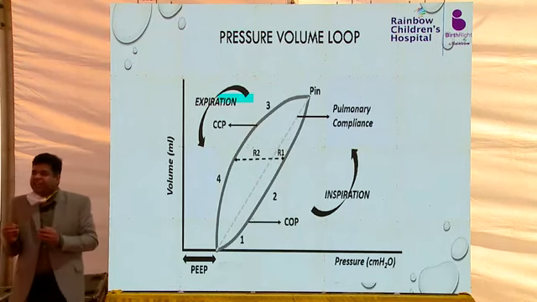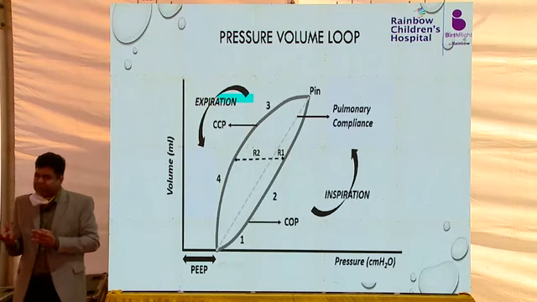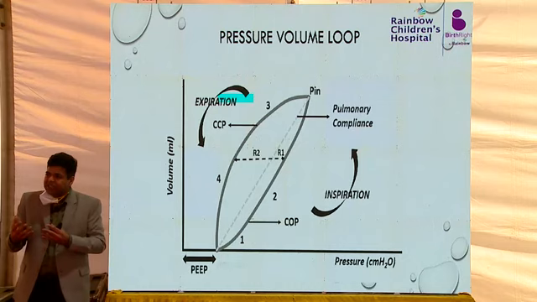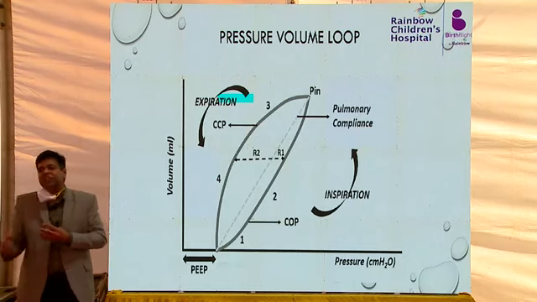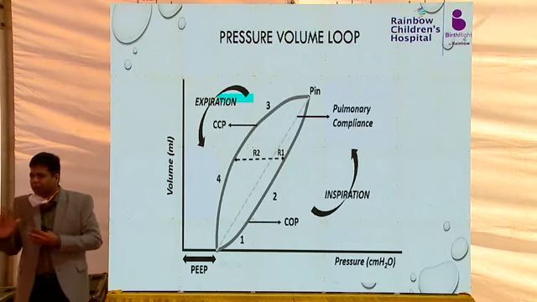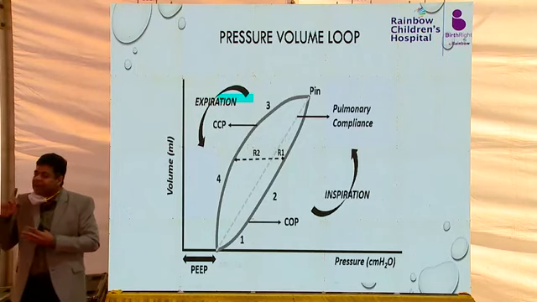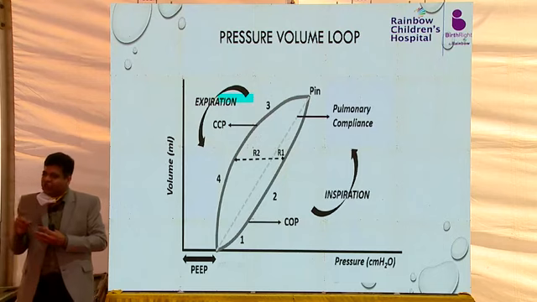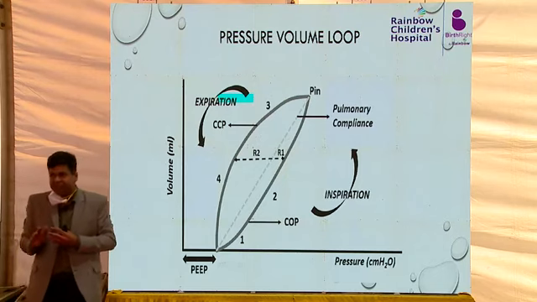There is an entity called the critical opening pressure. That critical opening pressure is the pressure at which the alveoli open up, and after that a little bit of change in pressure will lead to a significant change in volume. That's what we want. The art in ventilation is actually to find that critical opening pressure.